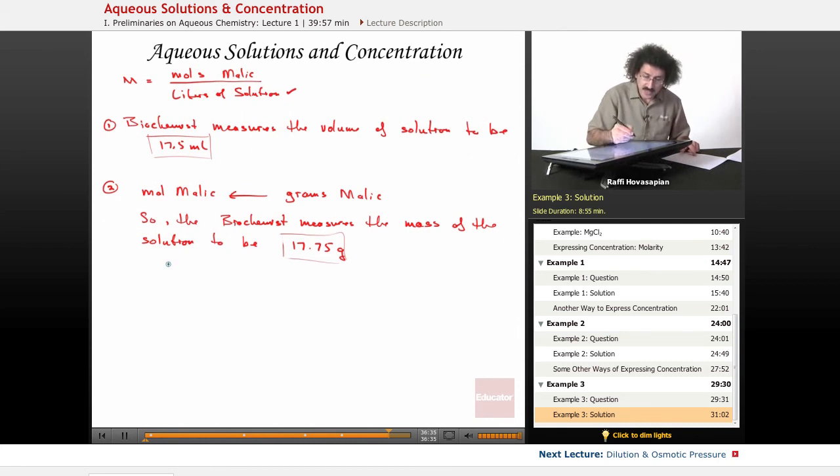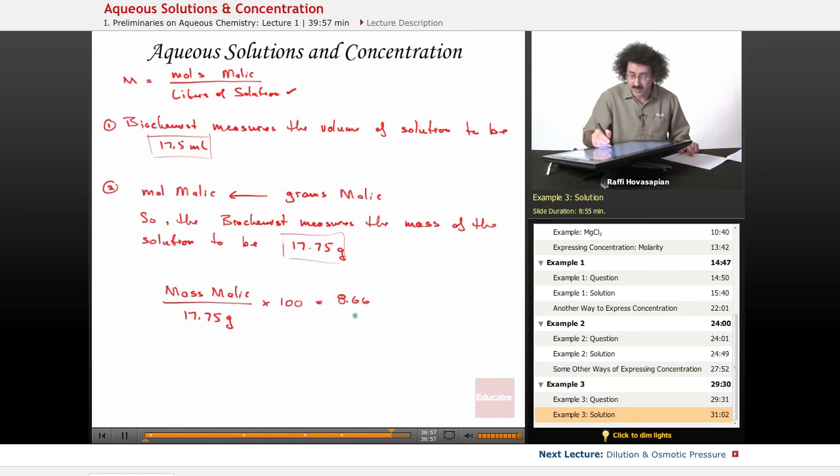Okay, so now he has the mass of the solution. Well, we need the mass of the malic acid. Well, we just said earlier the mass of malic acid divided by the mass of the solution, the total mass, which is now 17.75 grams, times 100 equals 8.66. We have all these numbers. So now we have this equation.